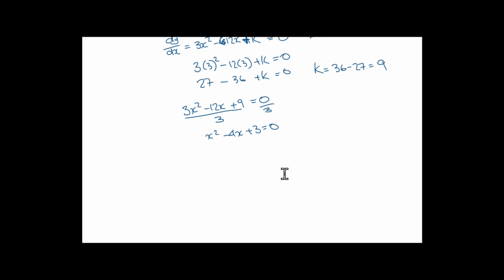We can do that when we're trying to solve for x, but when we come to differentiate, we can't do that nifty trick. Now I'm going to factorize that: x minus 3, x minus 1 equals 0. So x minus 3 equals 0 and x minus 1 equals 0. So x equals 3 and 1. Positive 3 and positive 1.